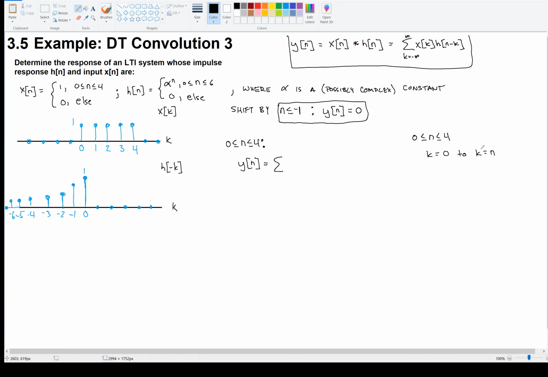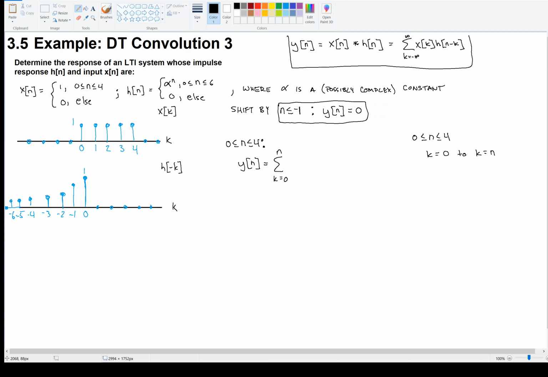Because outside of this range, those terms are 0. The range of non-zero overlap was k goes from 0 to k goes to n. Now in that range of non-zero overlap, my signal x is 1 because it's non-zero. So I'm not even going to write the 1 there.